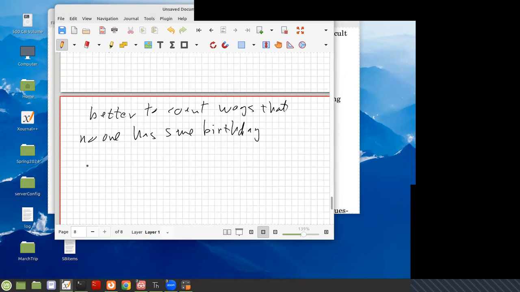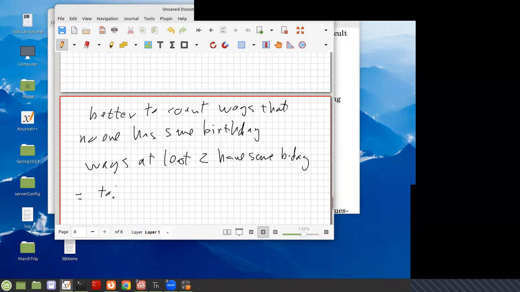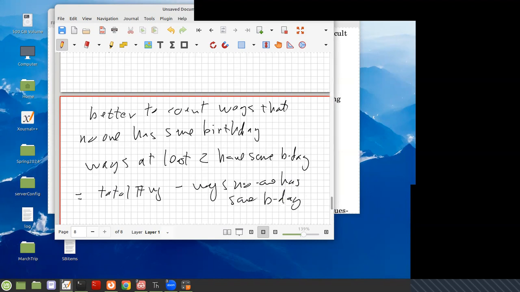So we have: ways at least 2 have the same birthday equals the total number of ways minus the ways no one has the same birthday. Okay, it's the principle of inclusion and exclusion.